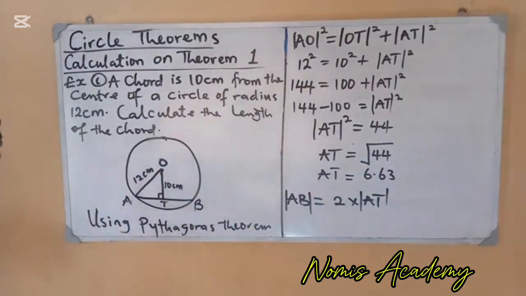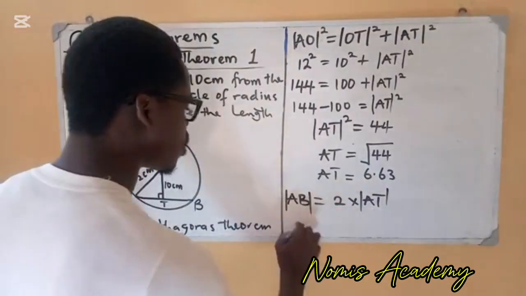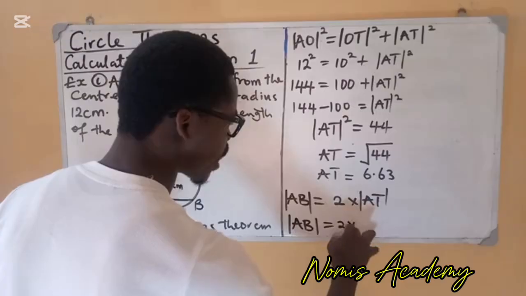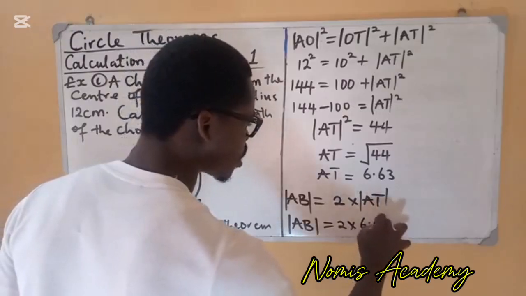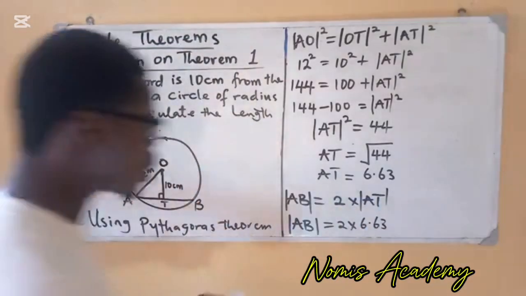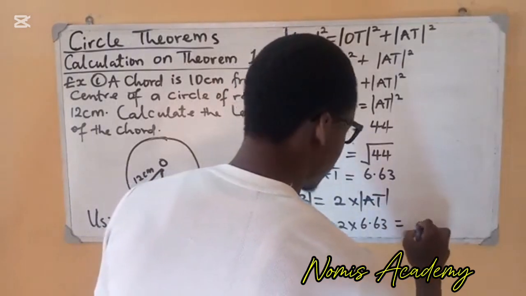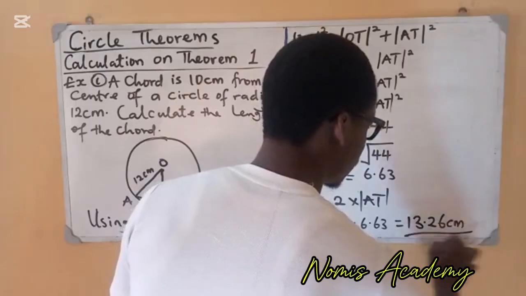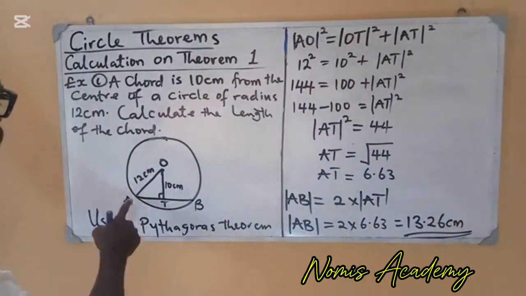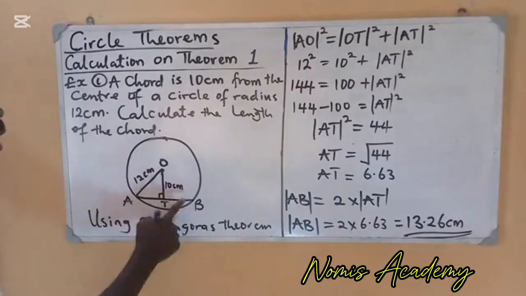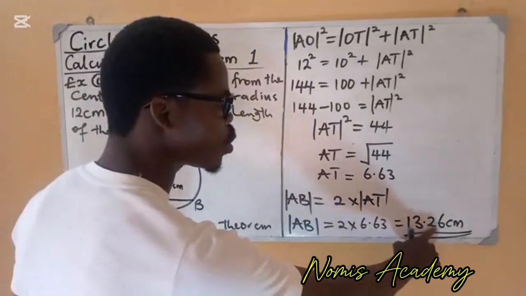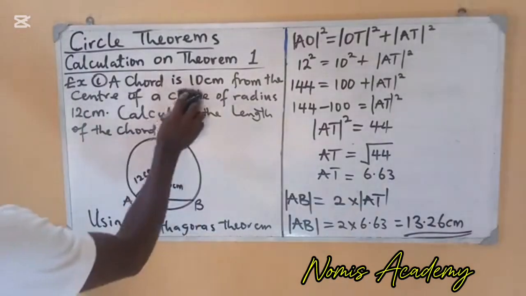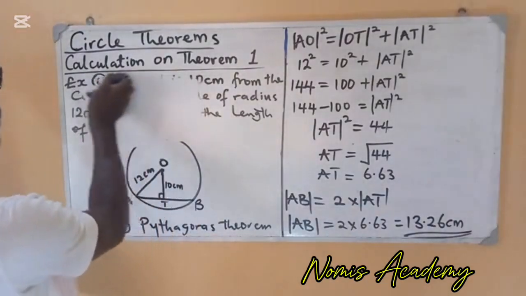So AB is equal to 2 multiplied by 6.63. When you do the multiplication, your final answer is 13.26 centimeters. So the length of the chord AB is 13.26 centimeters. All right, let's pick another example to understand it better.